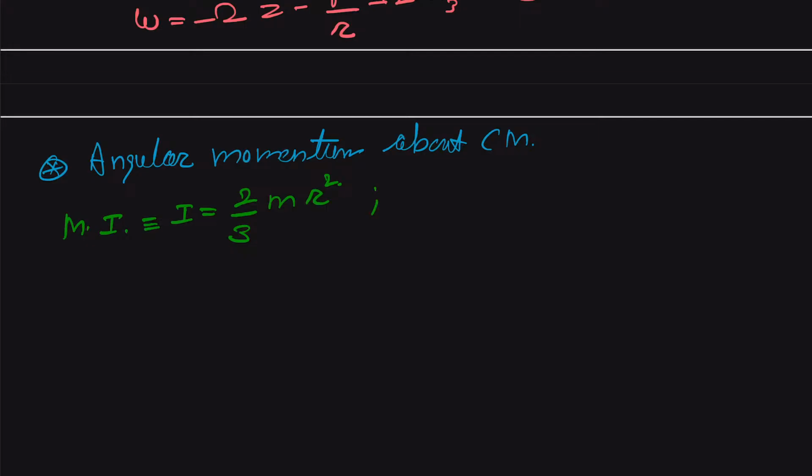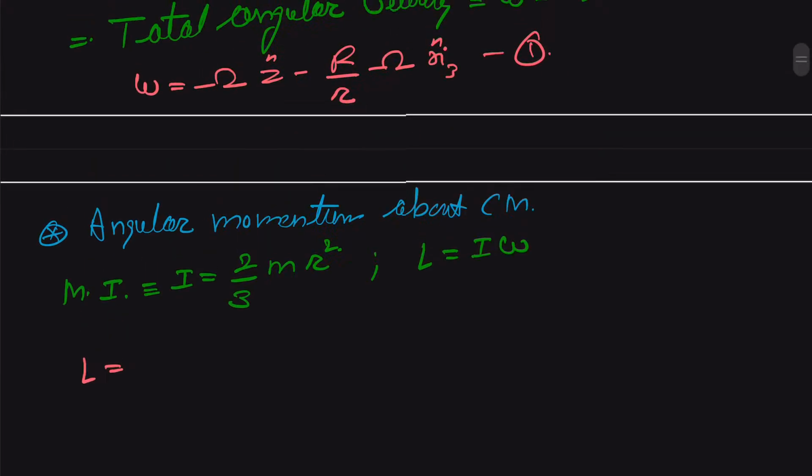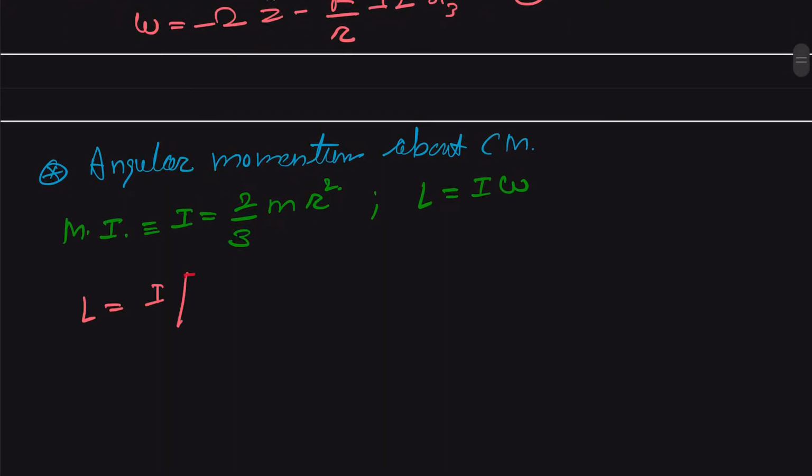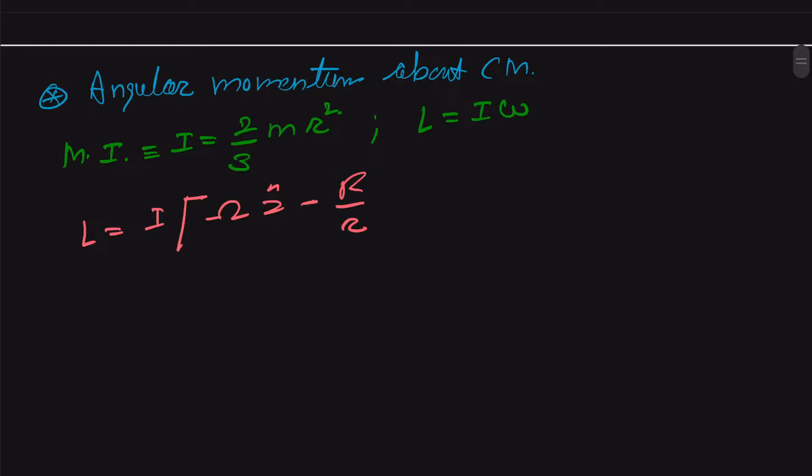And we can write the angular momentum formula. So we can say that our L is equal to I times omega, and omega we already know, therefore we can write that our L will be equal to I times omega z unit vector minus r upon small r omega and x3 unit vector. Okay.